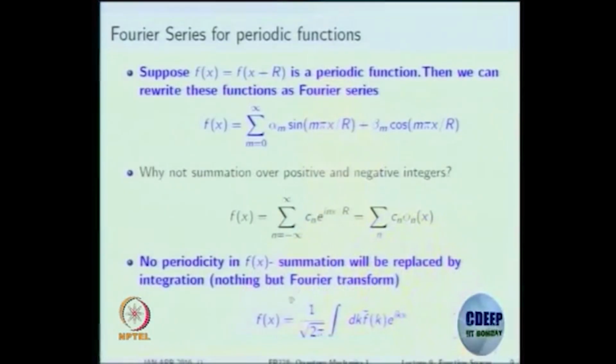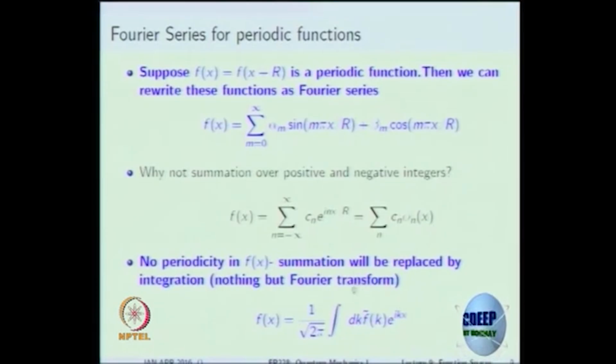Someone can question, why is there a 1 over root 2 pi here? The only thing is that you need to make sure that your Dirac delta function definition is satisfied. There are many conventions. Some people put a 1 over 2 pi in the Fourier transform, and in the inverse Fourier transform they don't put it. You could do the other way.